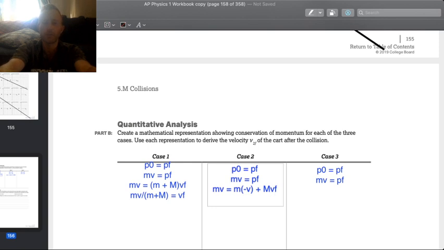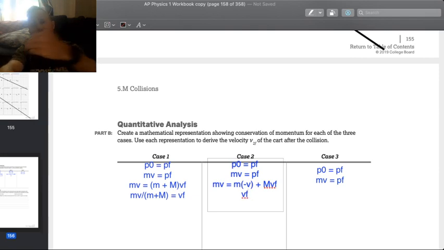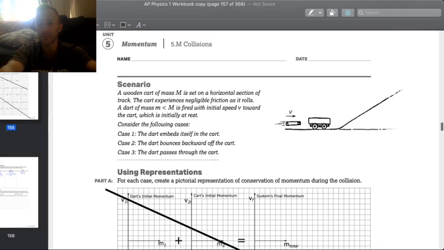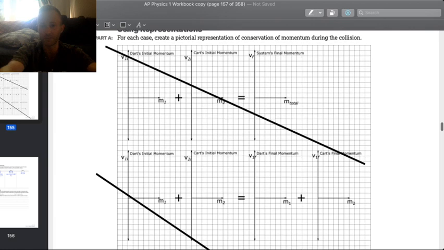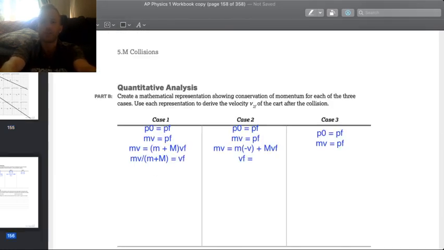So I can solve for V final in this case. Notice it didn't say what the bounce back velocity is, so it must not matter what it is. I'm just going to assume it's minus v. That gives me a final velocity of 2mv over big M.